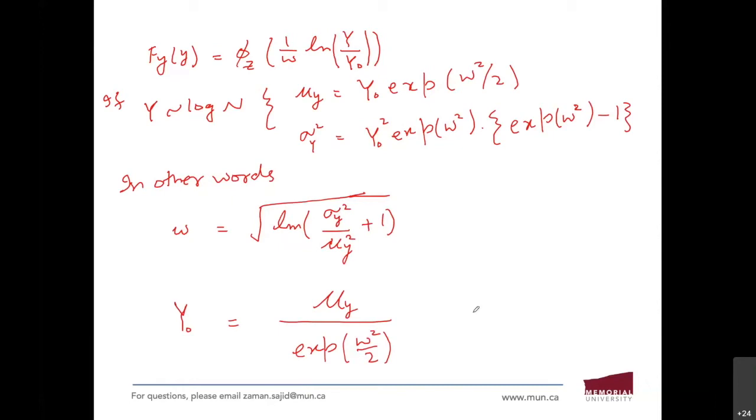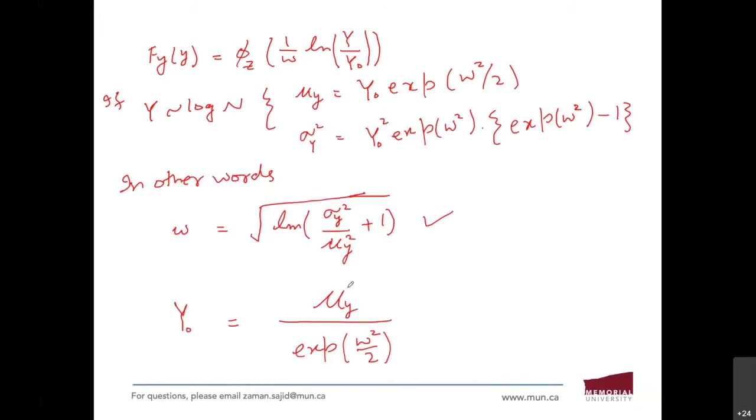Now, depending upon the value of the w, the shape of the log normal distribution will change. Oops, I need to go to the next slide, please. So let's draw the graph that we do in every distribution here. Now this is my graph in terms of log normal distribution.